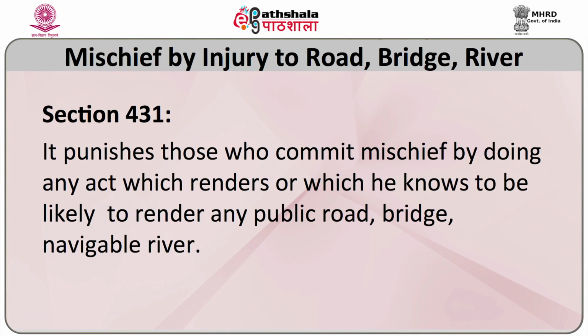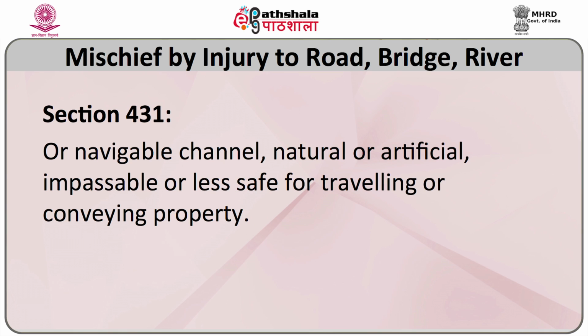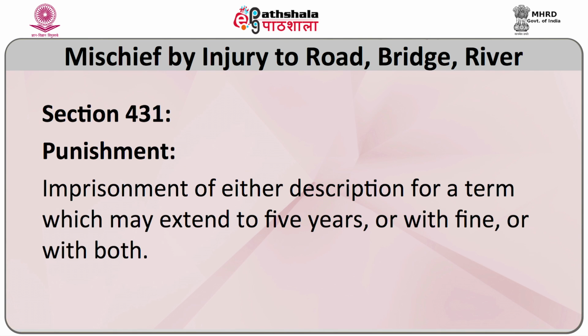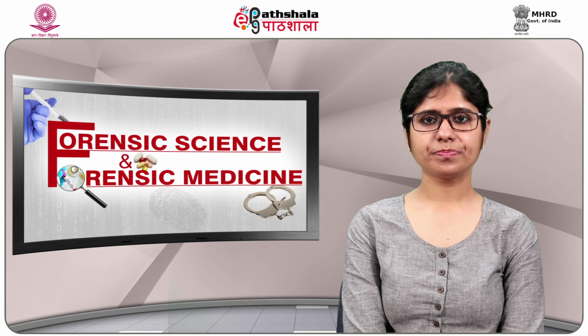This section punishes those who commit mischief by doing any act which renders, or which he knows to be likely to render, any public road, bridge, navigable river or navigable channel, natural or artificial, impassable or less safe for travelling or conveying property. The offence under this section is punished with a term which may extend to 5 years, or with fine, or both.